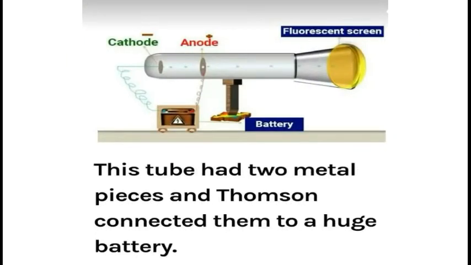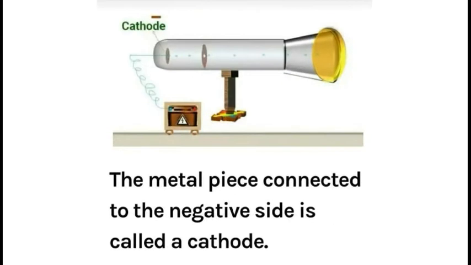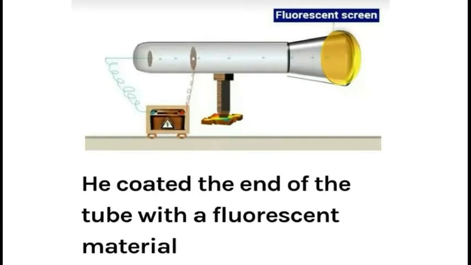This tube had two metal pieces, and Thomson connected them to a huge battery. The metal piece connected to the positive side is called anode, and the metal piece connected to the negative terminal of the battery is called cathode. He coated the end of the tube with a fluorescent material.